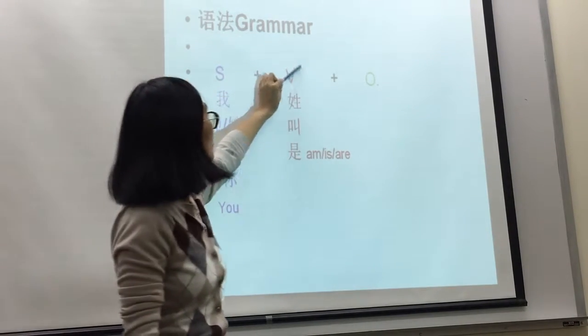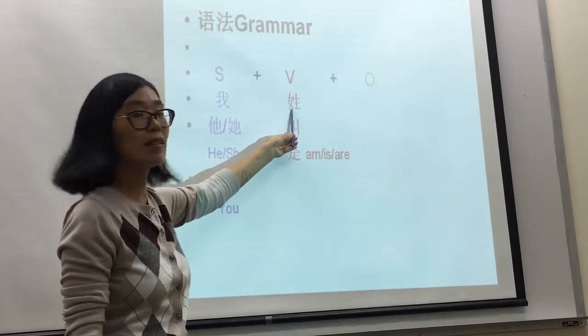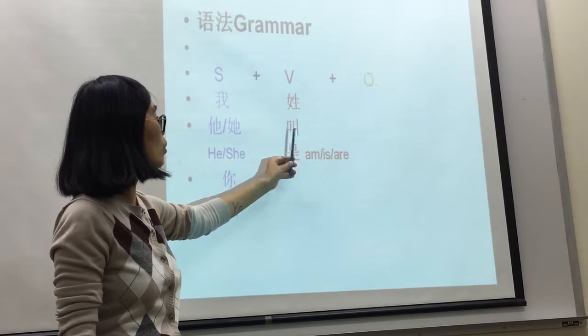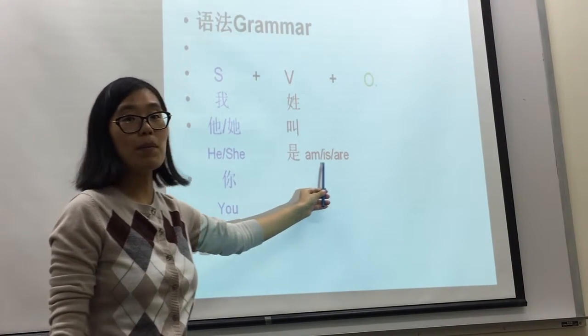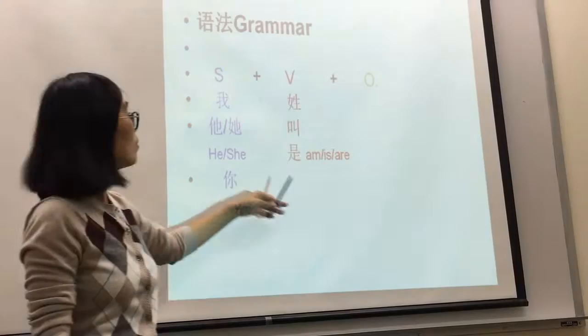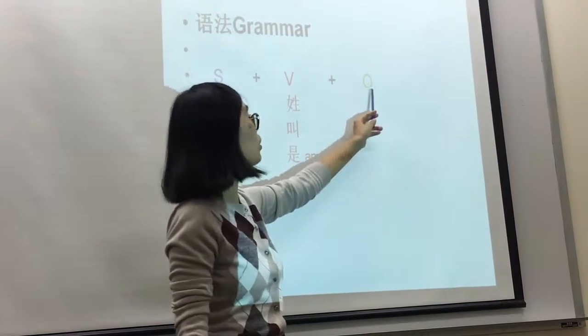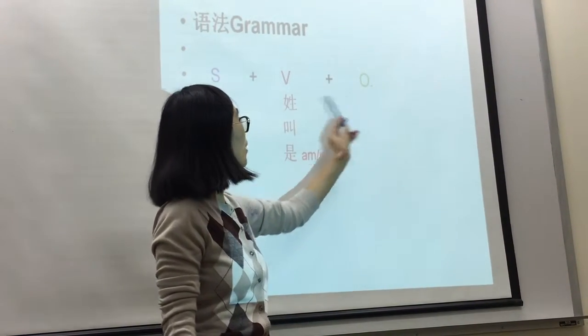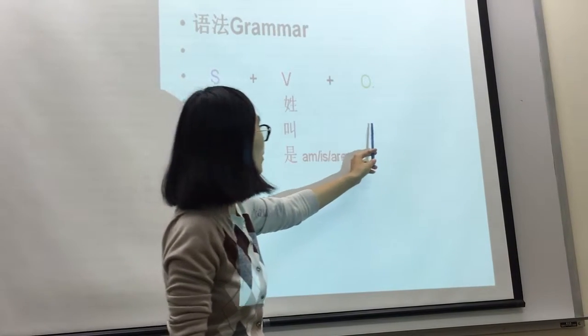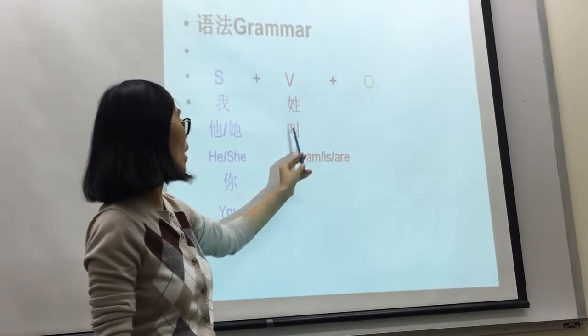And here, verb, 姓, 叫, to be called, 是, am, is, are. Object, here, we can put our family name after 姓. We can put our full name after 叫 and 是.